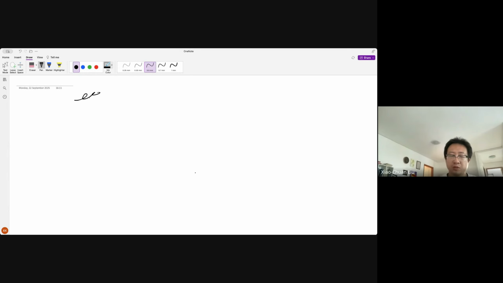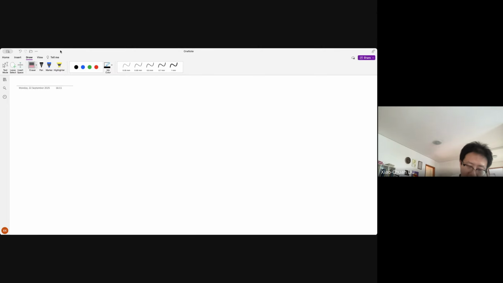So I'm going to continue talking about how we apply linear algebra to graph theory. So it's a very big topic. I'm only introducing some basic stuff. So in the first part of today, we talked about the adjacency matrix.